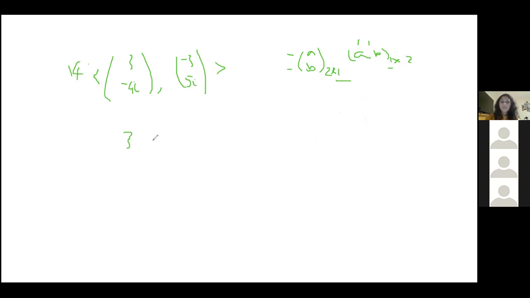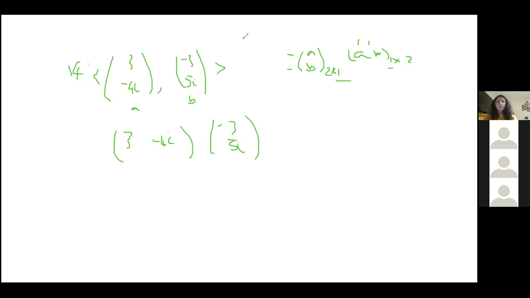So what we do is, if I call this A and I call this B, the inner product is normally written like that in bracket notation. Basically, just get this as a row vector and this as a column vector, 3, 5.